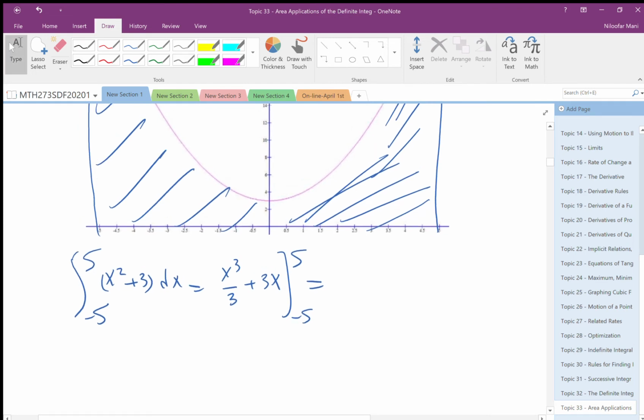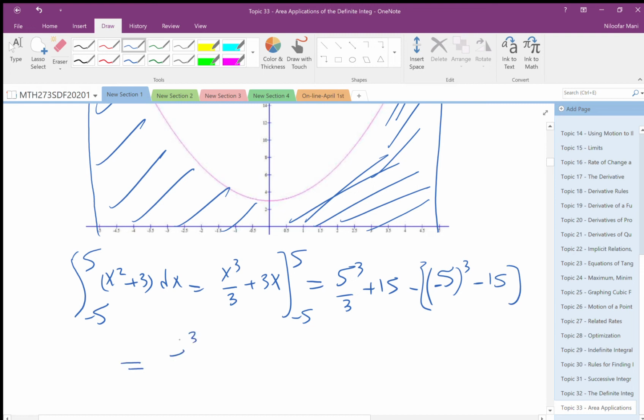So I put 5. It's 5 to the power 3 divided by 3 plus 15, minus -5 to the power 3 divided by 3, minus 15.